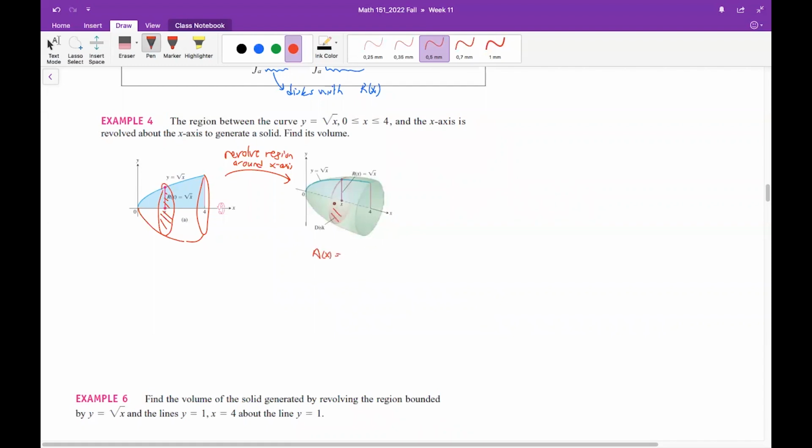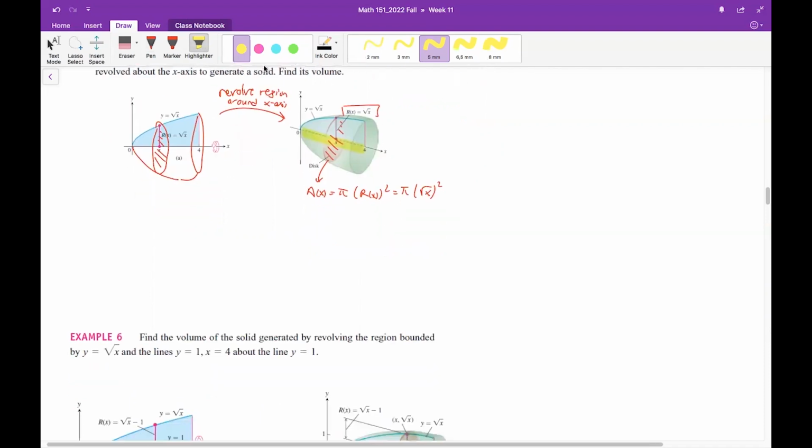So if you do this revolution, you are just turning this planar region around the x-axis to obtain this three-dimensional shape. And if you concentrate on the cross sections of it, you see that the cross sections are in fact disks with this radius. Areas of the cross sections are pi times radius squared, so pi times square root of x squared. The radius is given by the curve, and the interval of integration is this part. That's why now we can compute the volume.